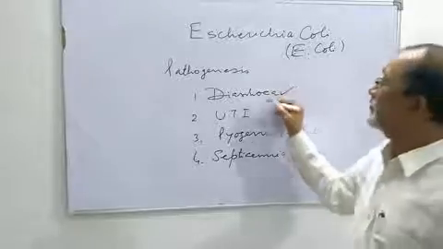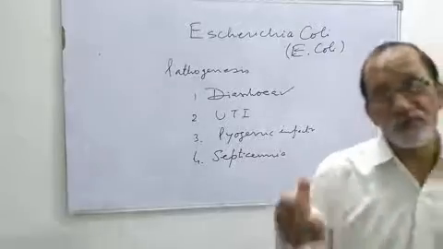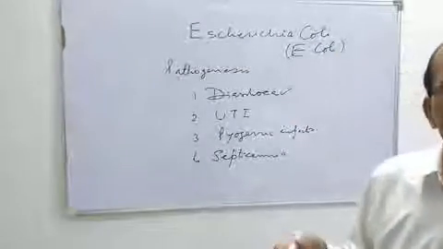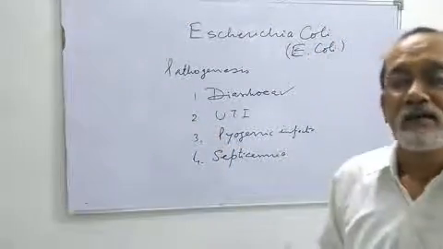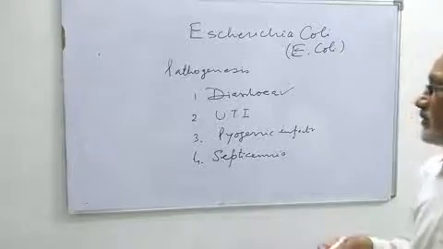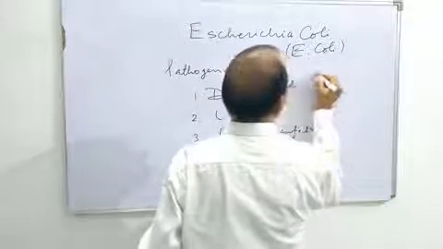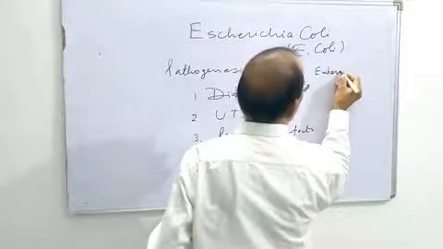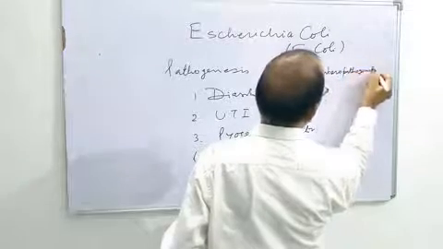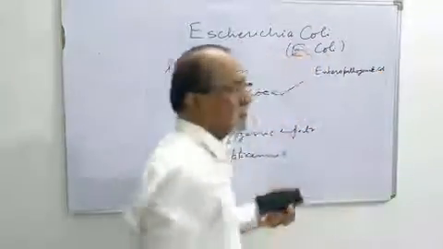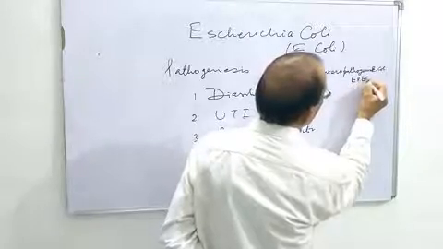है ना? हर जो भी होगा उसका एक स्पेसिफिक सीरोटाइप होगा, and which produce different pathogenetic mechanisms, जिसकी एक अपनी खुद की विशेष पैथोजेनेसिस प्रोसेस और मैकेनिज्म होगी. तो there are 4. One is enteropathogenic E. coli, in short it is also known as EPEC. ठीक है ना?